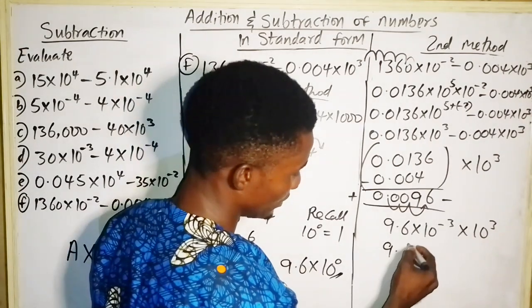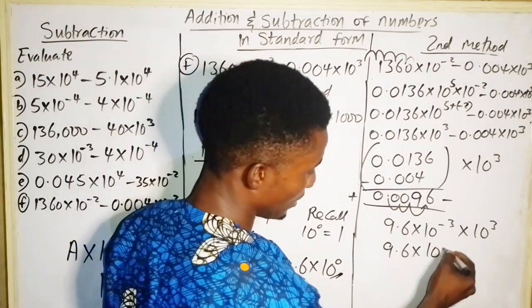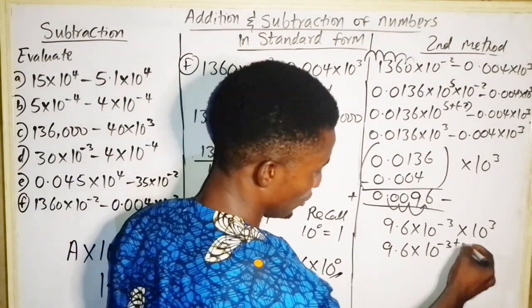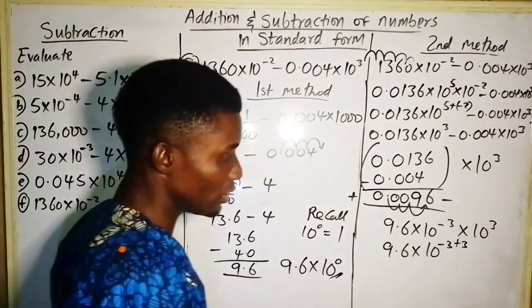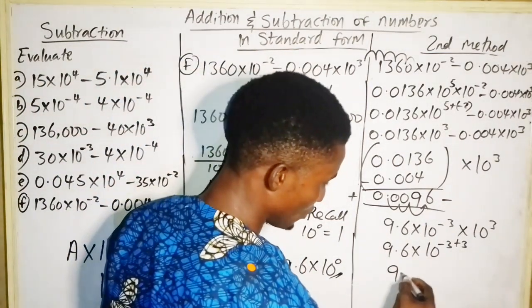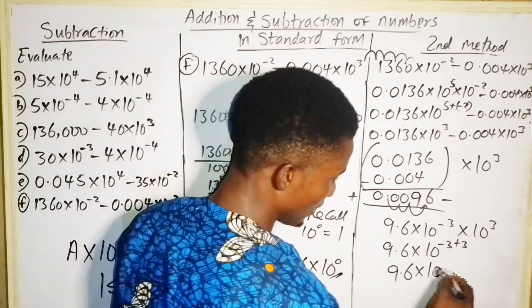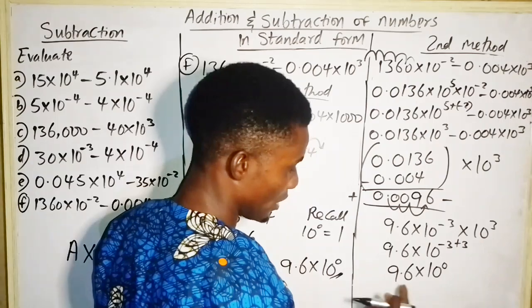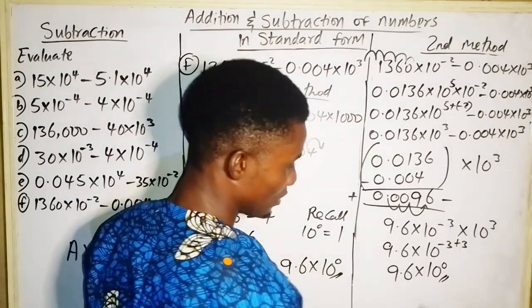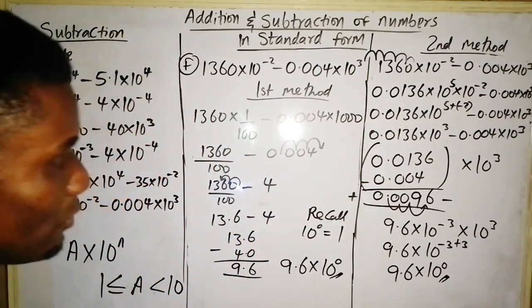We have 9.6 times 10 raised to power minus 3 plus 3, according to the indices rule, the multiplication will change to plus. So minus 3 plus 3 will give you 0. So we have 9.6 times 10 raised to power 0, which is still the same thing as the answer we have here.